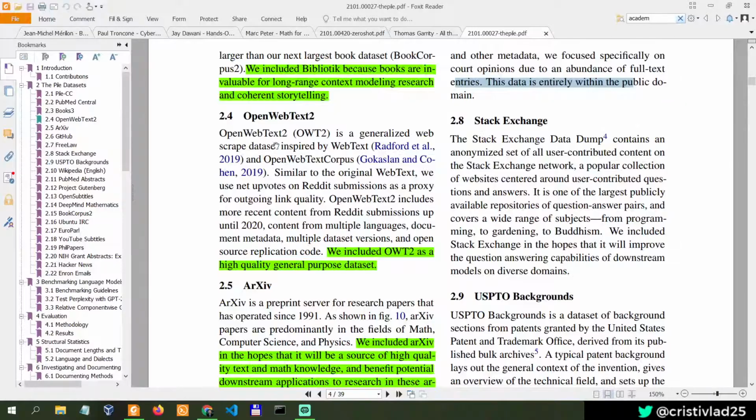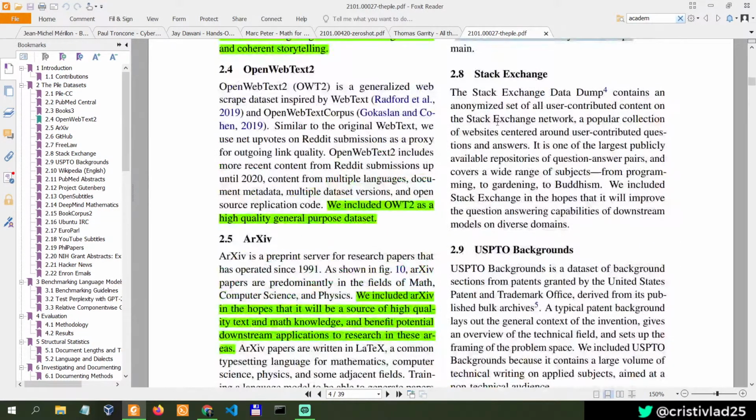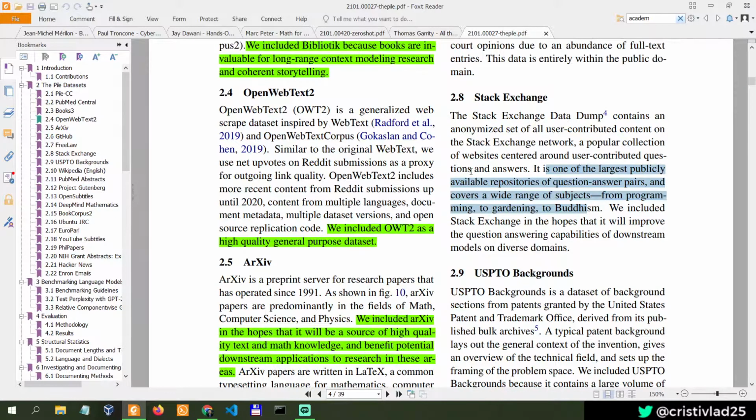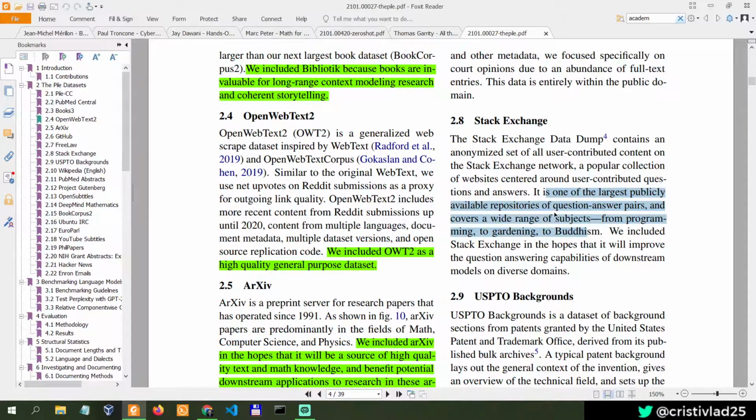Okay, now back to the data set. So we have Stack Exchange, a popular collection of websites around user contributed questions and answers. This is going to add a lot of good stuff to the question and answer aspect of a machine learning algorithm.